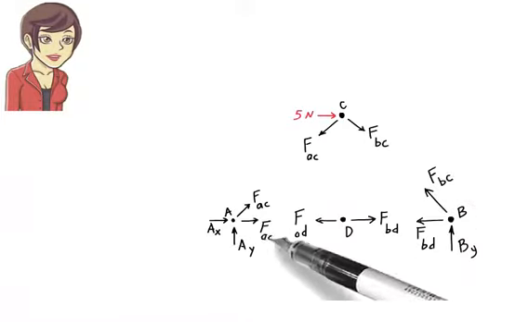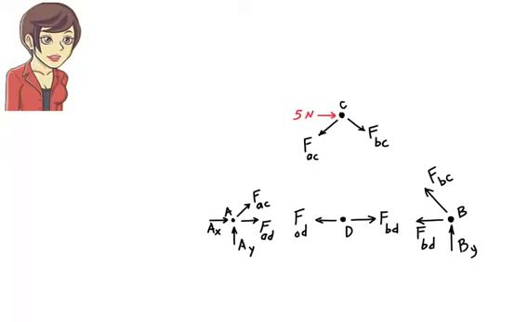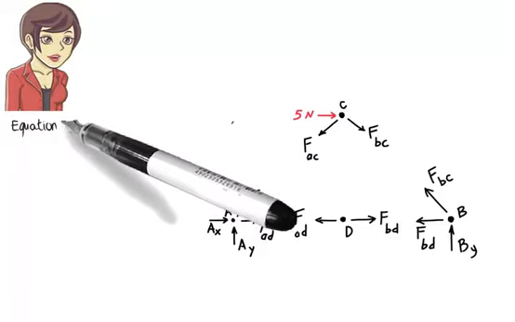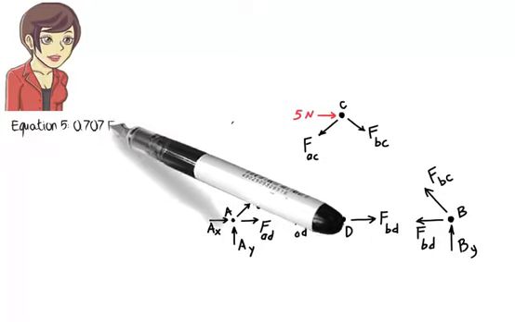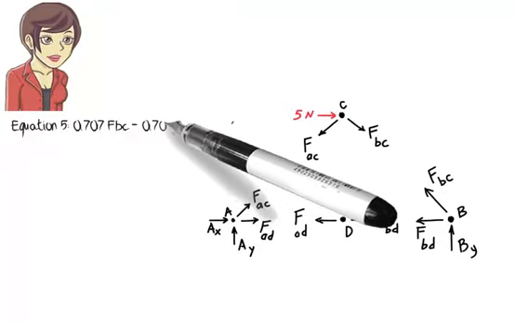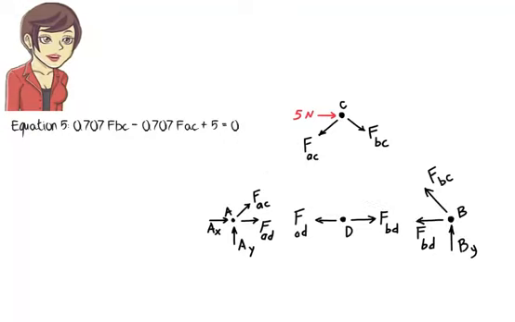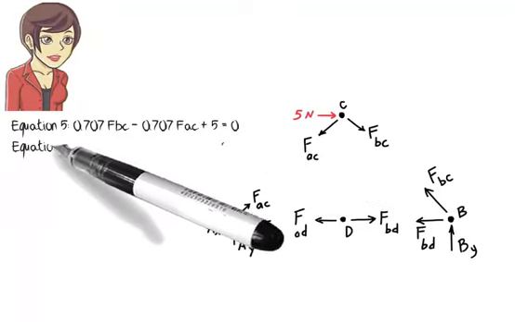Now, if I replace FCD in the joint free body diagrams with 0, scanning the diagrams again, I notice joint C now has only 2 unknowns. Then I should be able to solve for the unknowns using equations 5 and 6. Here they are in the simplified form where FCD is replaced with 0. 0.707 FBC minus 0.707 FAC plus 5 equals 0.